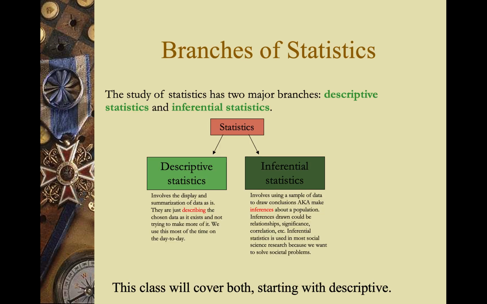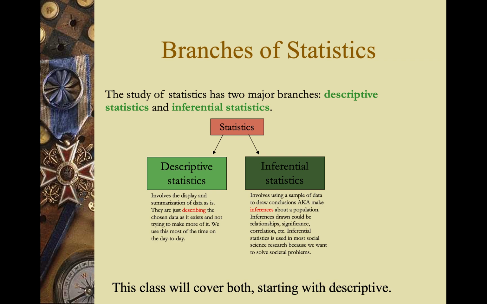So there are two branches of statistics: descriptive statistics and inferential statistics. Descriptive statistics just involves the display and summarization of data as is. It's just describing the data and not trying to make anything more of it. We tend to use this a lot day to day. And then inferential statistics involves using a sample of data to draw conclusions or make inferences about a population.